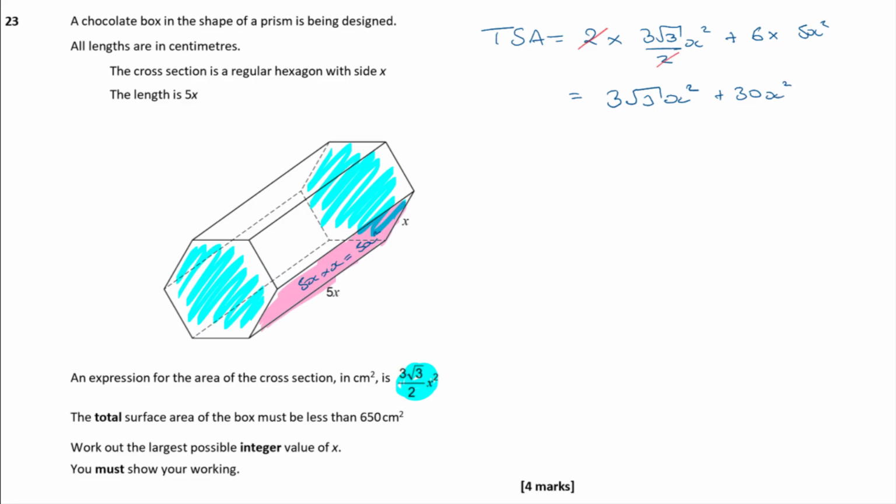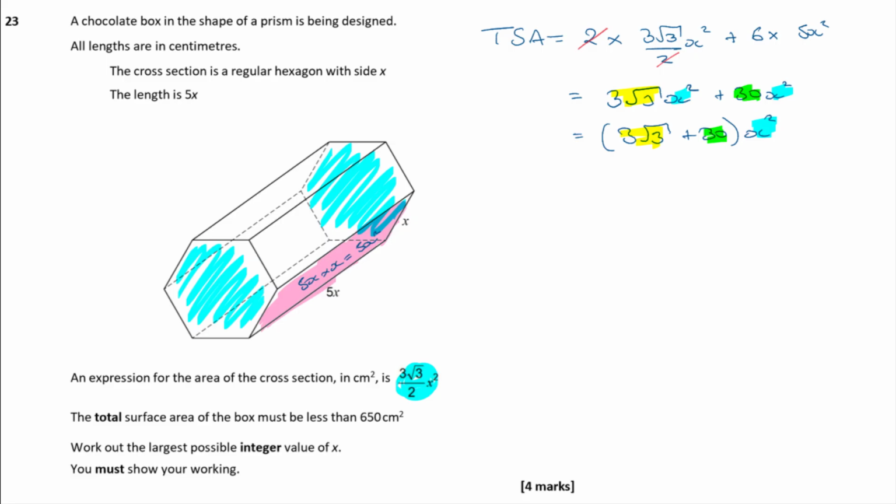Okay, so factorizing out the x squared, that means I've got 3 root 3 plus 30 lots of x squared. So just put those two parts together in a bracket and factorize out the x squared, so that part appears on the end, and those two parts appear in the bracket like that.